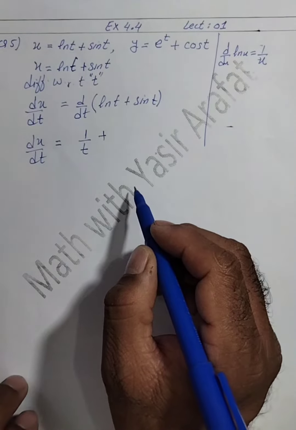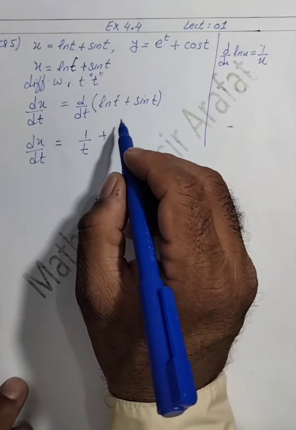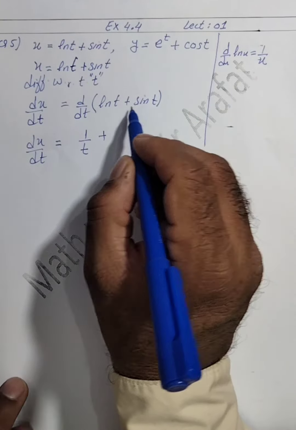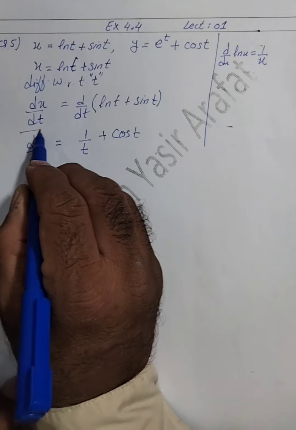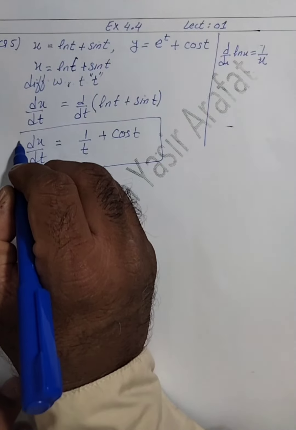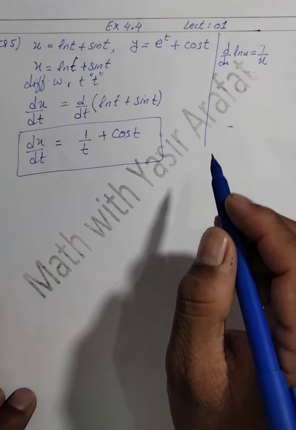This is the formula of ln x. So here it is ln t, so its derivative will be 1 over t. Now here this is sine t, the derivative of sine t is cos t. So this is the derivative dx upon dt of this equation.